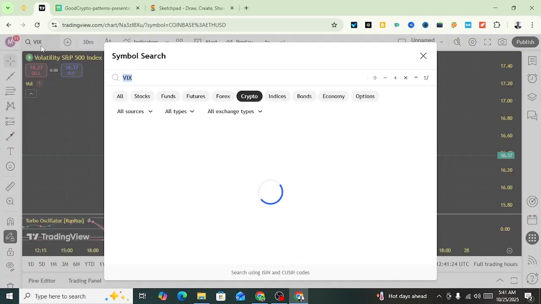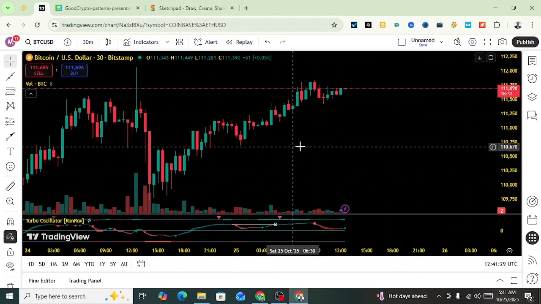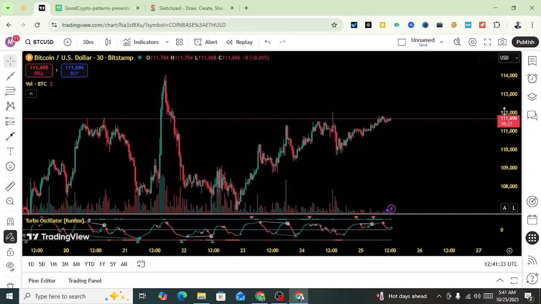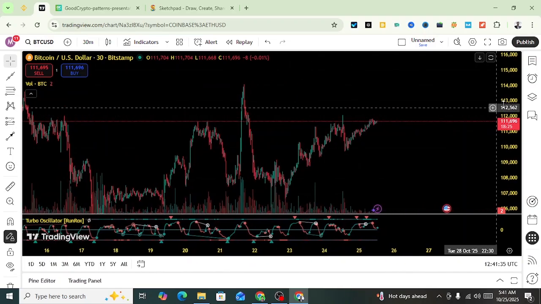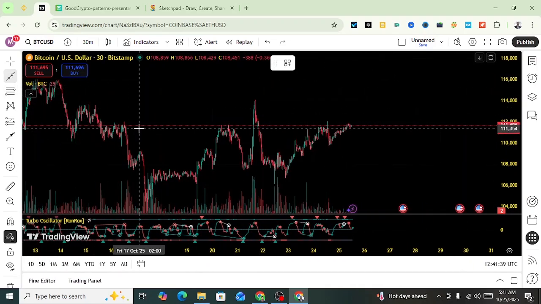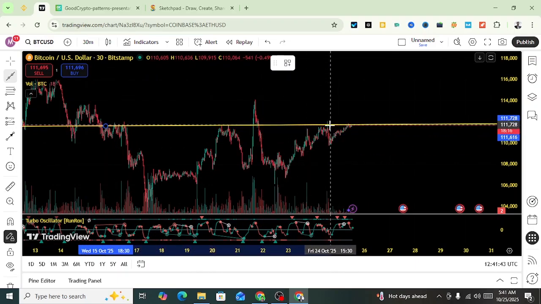See the previous one from here, the resistance area, the market is here, the previous history. Once the market goes from here to here, this is the second resistance area.